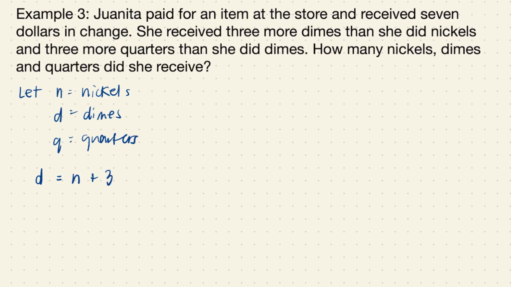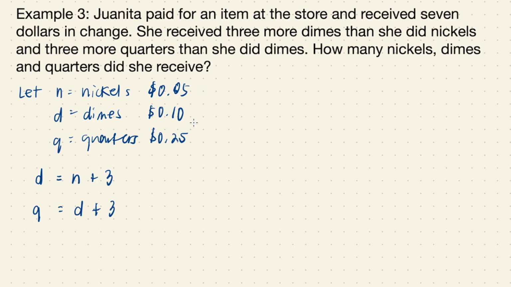Same as with three more quarters than dimes. So quarters is d plus three. So these are our constraints. So take note that nickels are 5 cents, dimes are 10 cents, and then quarters are 25 cents.